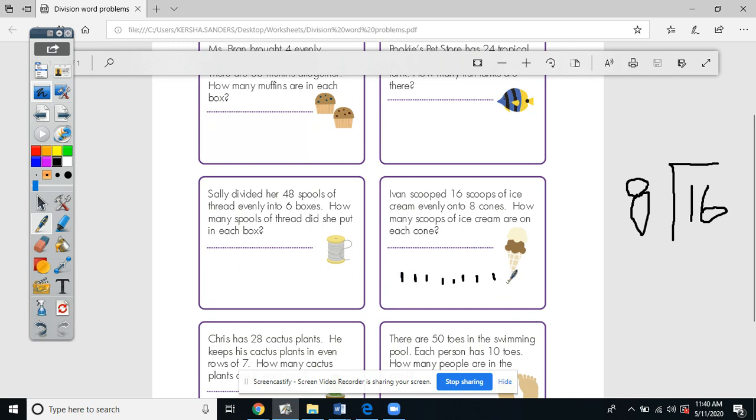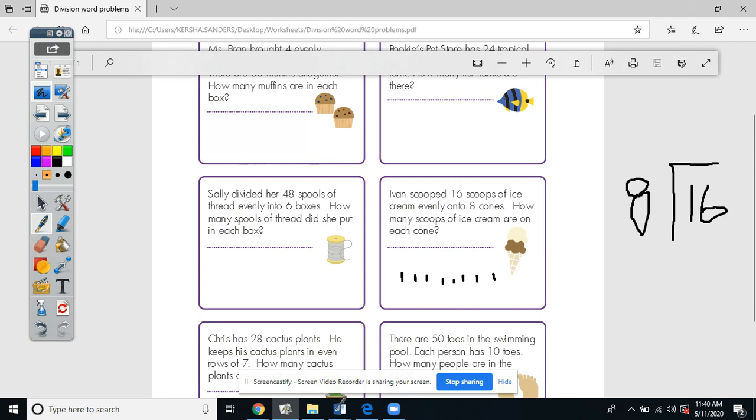For each of these 8 cones, we have to see how many scoops there are on them. 16 is more than 8, so there must be multiple scoops on each of these cones. I don't know if you've ever gotten that before, but you don't have to stop at 1. You can get 2 or 3 or 4. Just depends on how hungry you are that day.